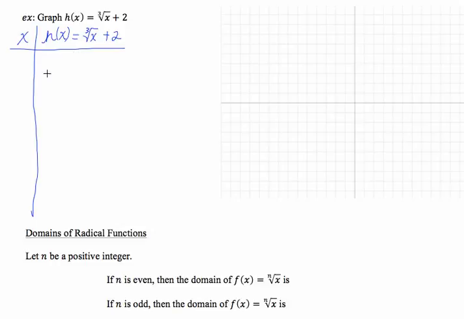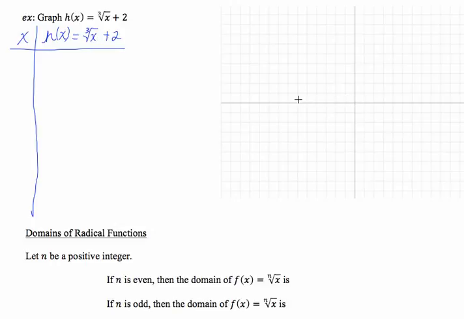So let's try negative, let's see, I'm thinking negative 8. If I plugged in negative 8, I would get negative 2 for this radical anyways. The next perfect cube, let's see, 2 cubed is 8, 3 cubed is 27. I don't think I can go out to 27 here, so we'll just stick with negative 8.